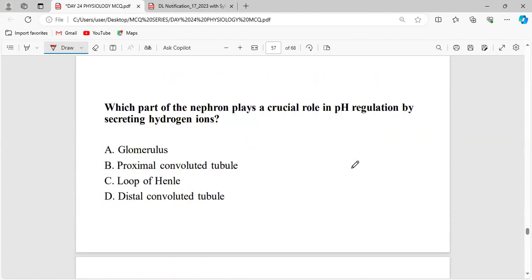Now, which part of the nephron plays a crucial role in pH regulation by secreting hydrogen ions?